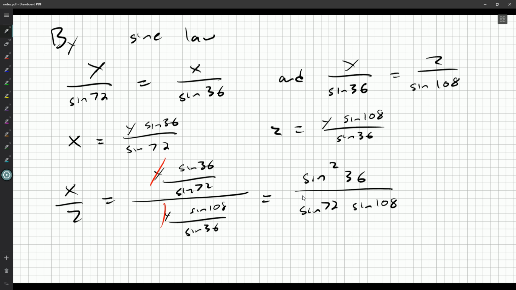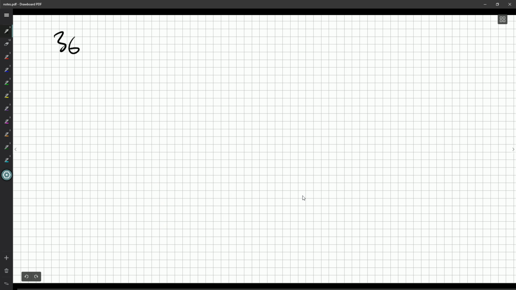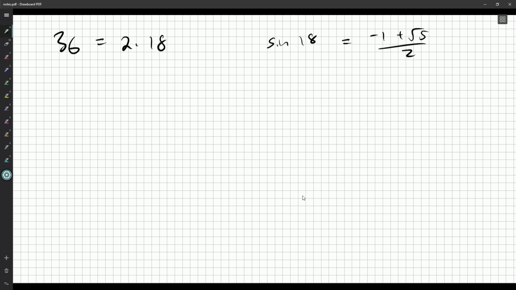Now, how can we calculate these? Well, 36 is twice 18, and I know sine 18 is negative 1 plus root 5 all over 2. I guess we might have to do what we did in B part and without prompting consider the cos. So can we get cos 18?